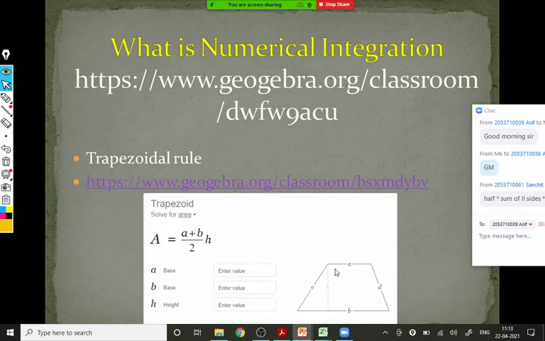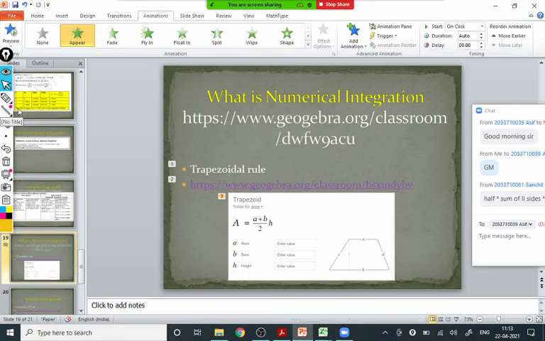So here is the formula for the area of a trapezoid, whatever you said: A plus B upon 2, where A and B are the parallel sides. Sum of the parallel sides divided by 2, into height. Now I want everyone to see the same thing we discussed. I'm giving one link in the chat box, mainly for approximating the area by trapezium, the same thing we discussed right now.